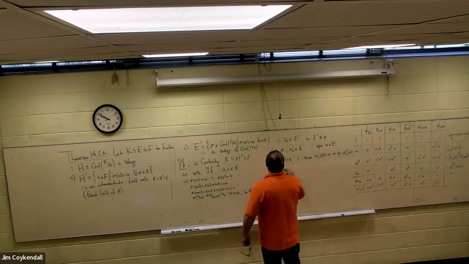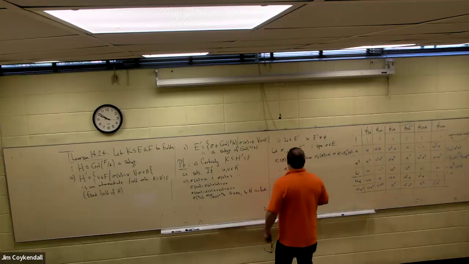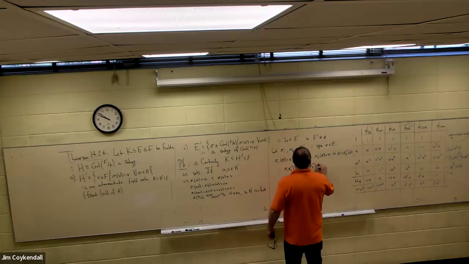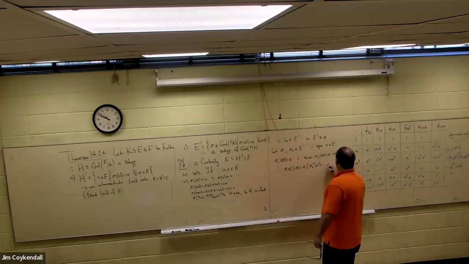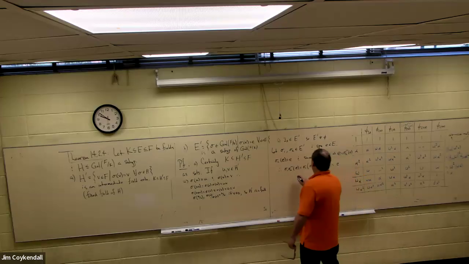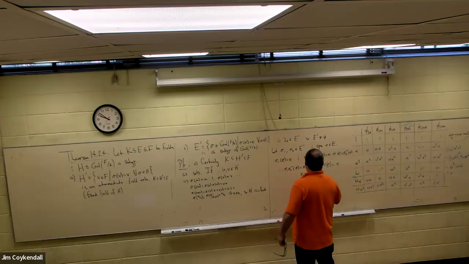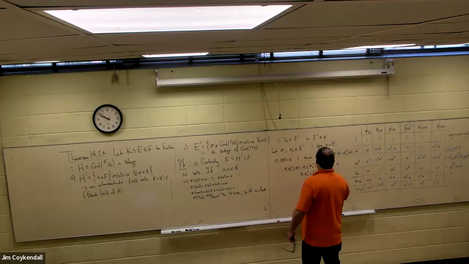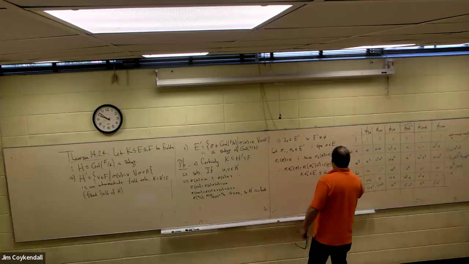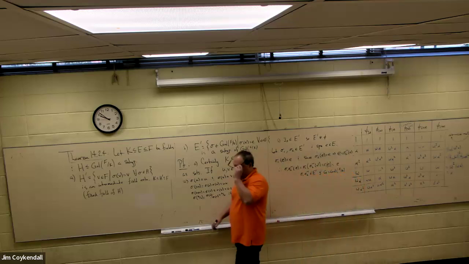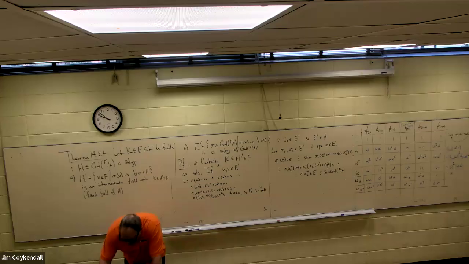Therefore, sigma 1 sigma 2 inverse of E is sigma 1 of sigma 2 inverse of E. By the above, this is E. And by assumption, this is E. Therefore, sigma 1 sigma 2 inverse is in E prime. And so E prime is a subgroup of the Galois group. Okay.